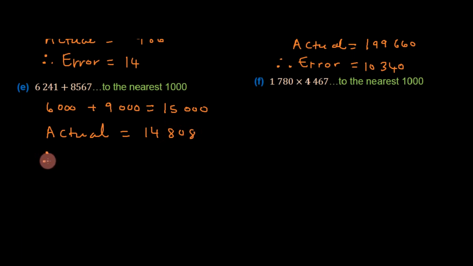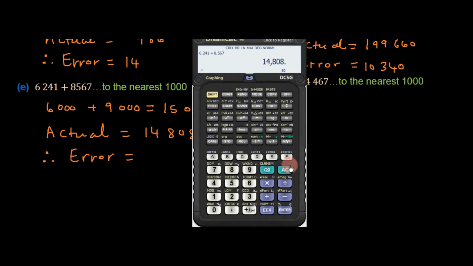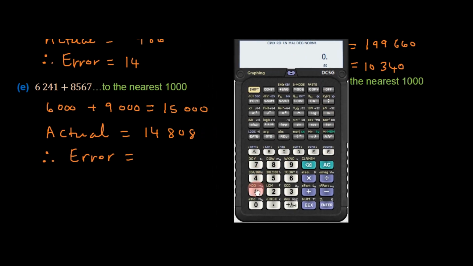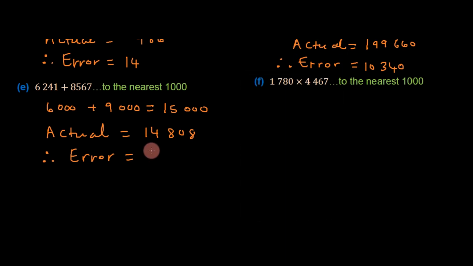Then let's do the error. So it's going to be 15,000 less 14,808, which is 192.